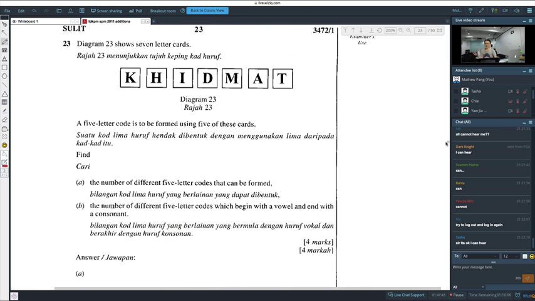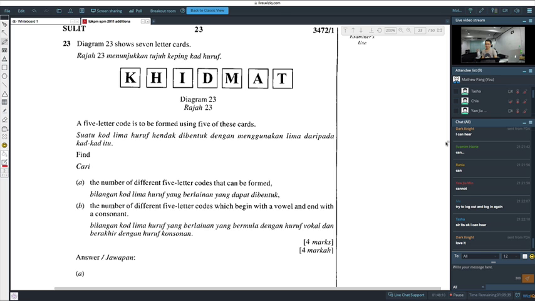Okay, permutation and combination. I think a lot of you actually hate this topic, right? Because this topic is somehow quite tricky for students. Anyway, this 5-letter code is formed using 5 of these cards. Whenever you see letter code, number code, password, something like this, it is all permutation, fixed already.